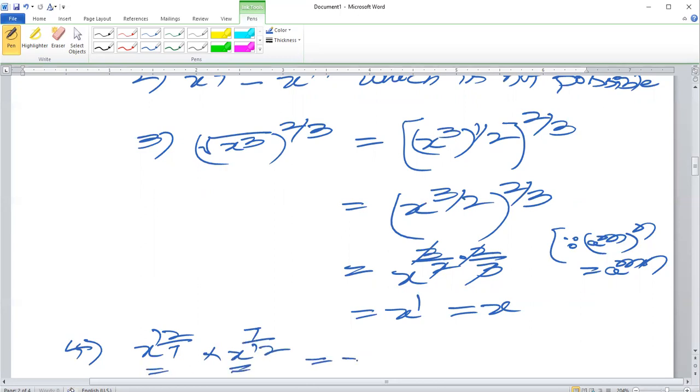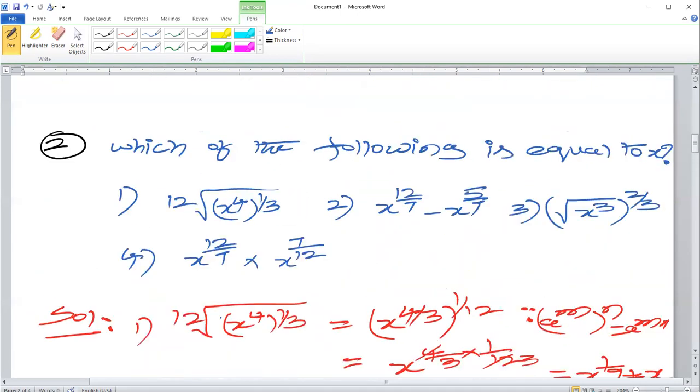So that's why this is equal to x power 12 by 7 plus 7 by 12. So now if you simplify, this will also not be equal to x. So what is our option? From the third option we are getting x. So that's why the third option is correct, right?